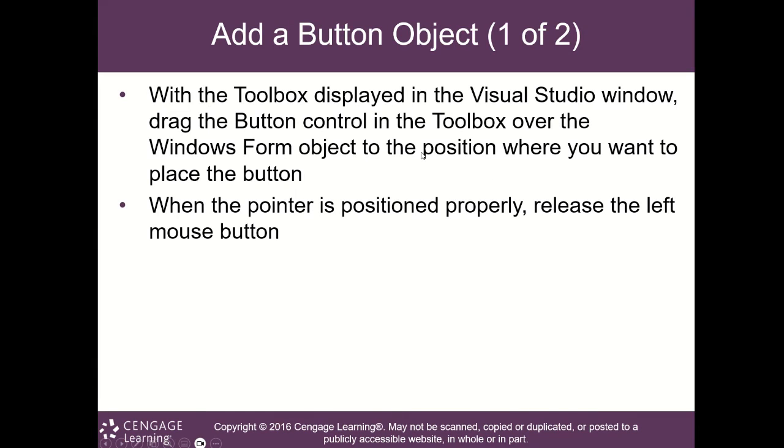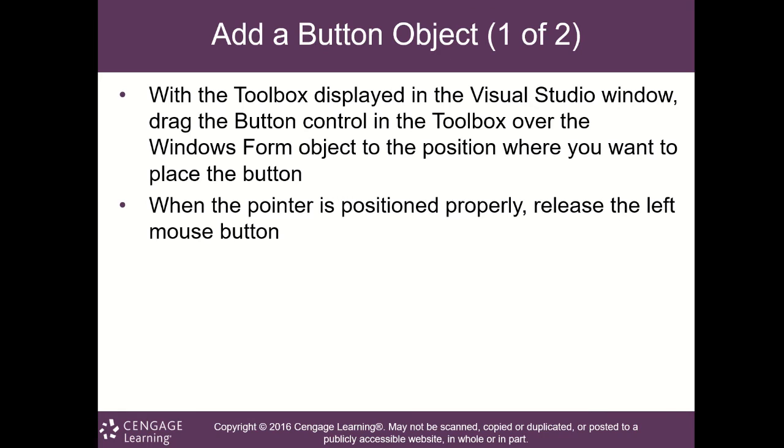So now next we need to add a button object. It's the same as what we did before, right? So again, you have to go to the toolbox. Button is also a .NET object.